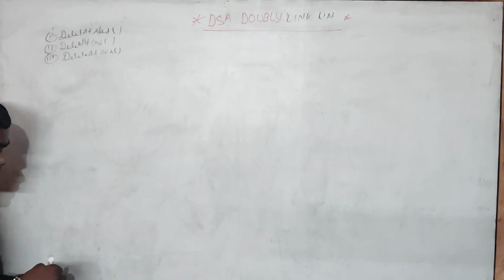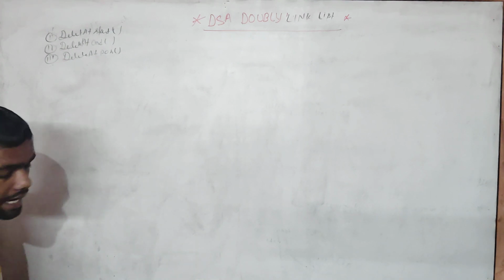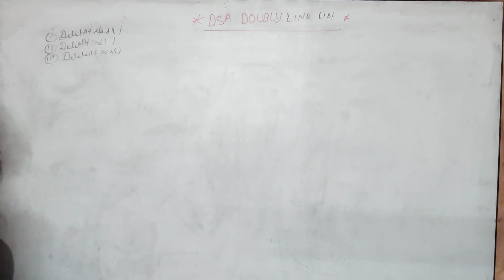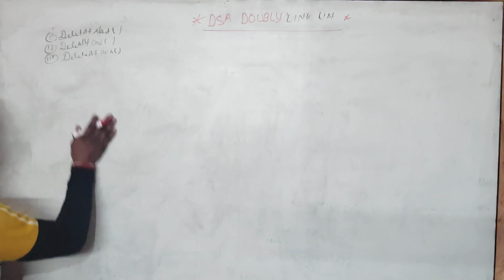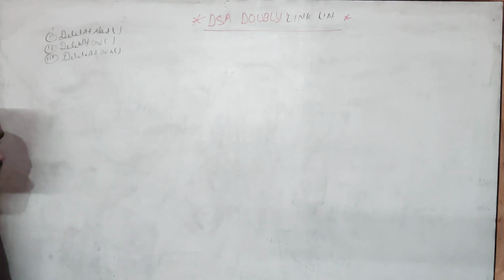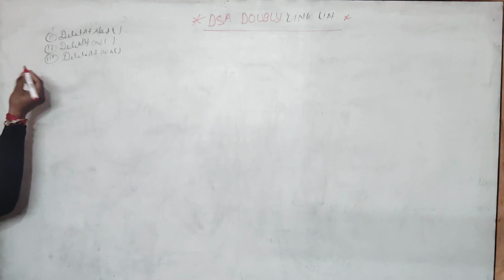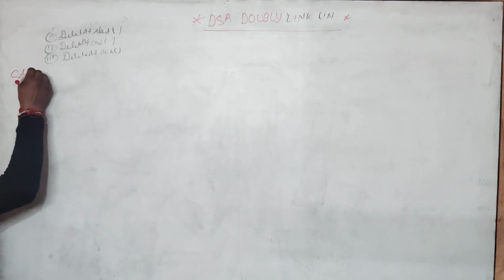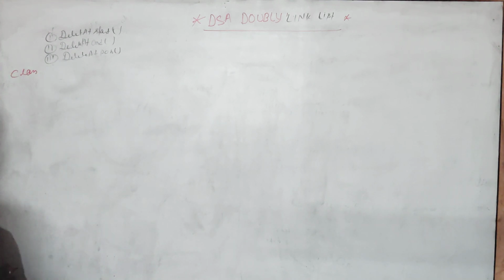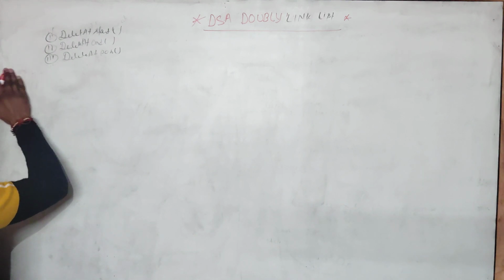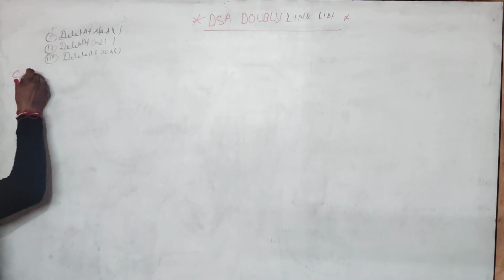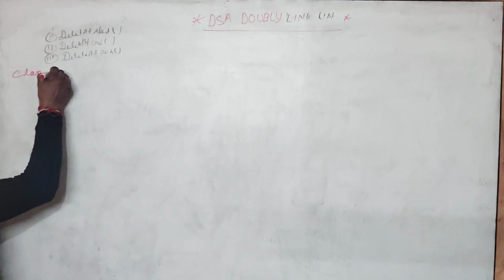We are going to discuss here three operations. I am going to discuss here deletion at the beginning. Firstly, I request all of you, can you create one node? Okay, I'm just creating the first node class. The class name is Node.